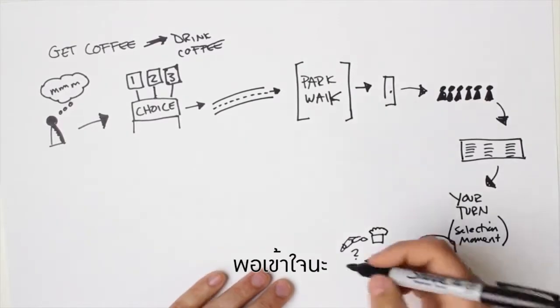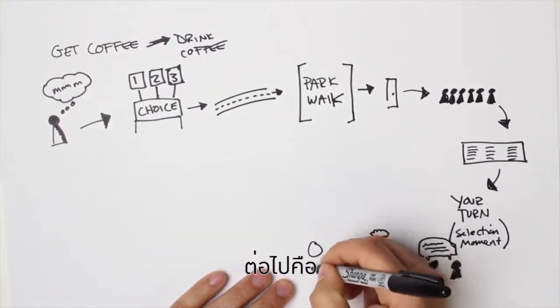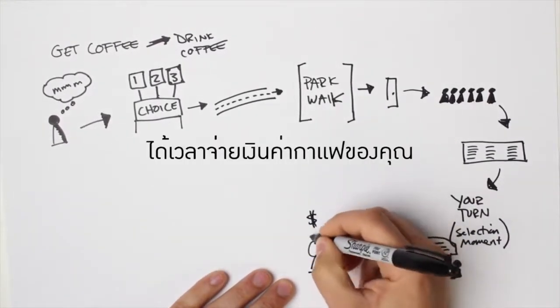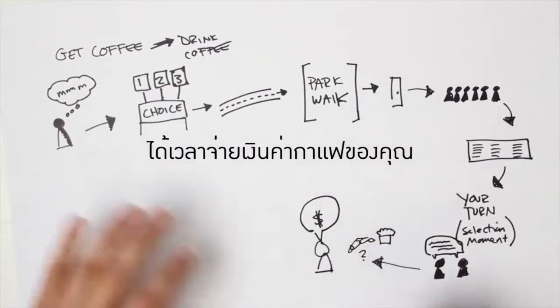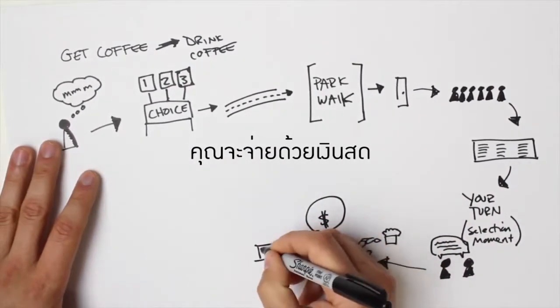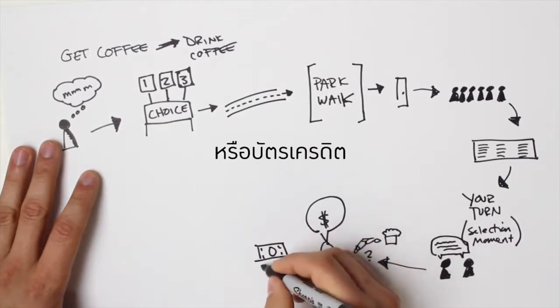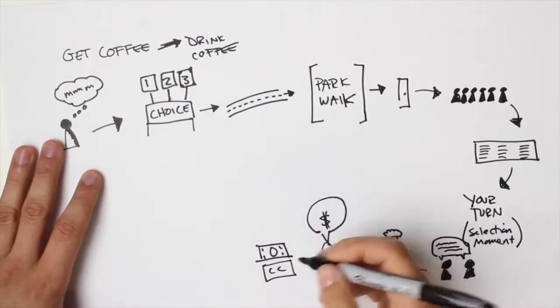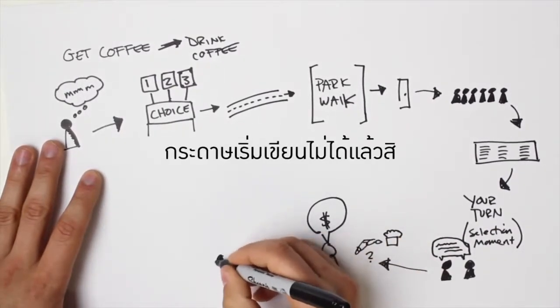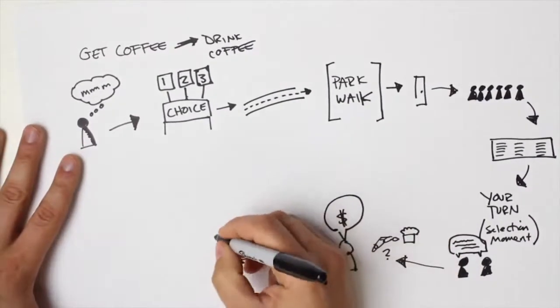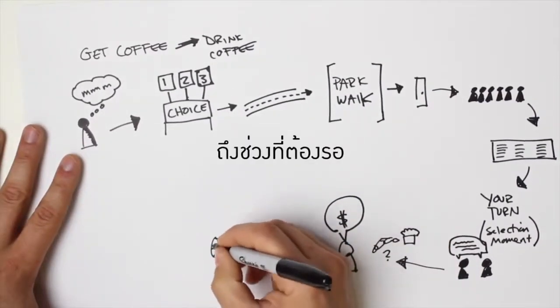You get the idea. You know, next up, someone says, well, you got to pay for your coffee, and then you have a question about, do you pay with cash or do you pay with a credit card? And then, running out of space here, there's a wait.